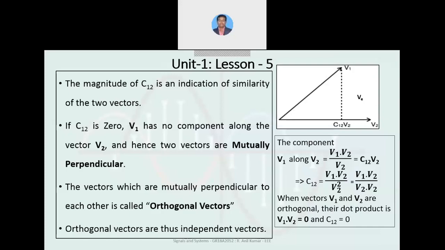So when vectors v1 and v2 are orthogonal, their dot product will be 0, means c12 will be 0. This is a condition that must be remembered, as we will be using it for signals also. So please remember the formula: when considering two vectors v1 and v2, the expression of c12 is v1 dot v2 by v2 square, or v1 dot v2 by v2 dot v2.